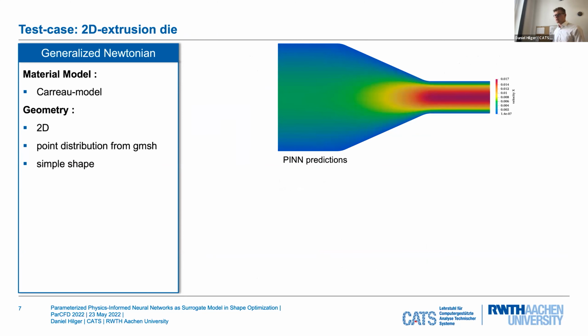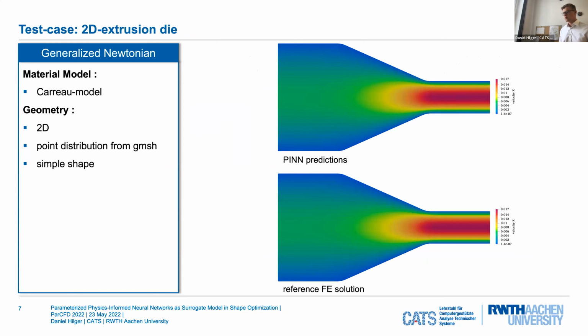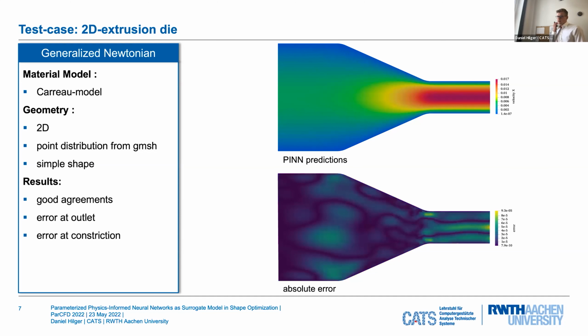The results were quite satisfactory. The approximation looked really good compared to a reference finite element solution, and the error was relatively low, on the order of 10 to the minus 5. The largest error was just in the area where we expected the highest velocities.